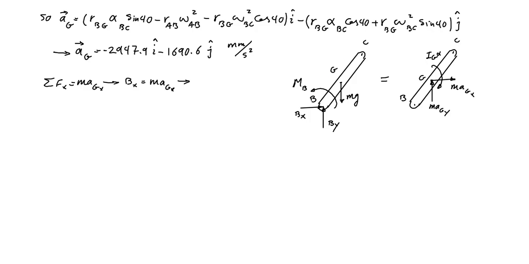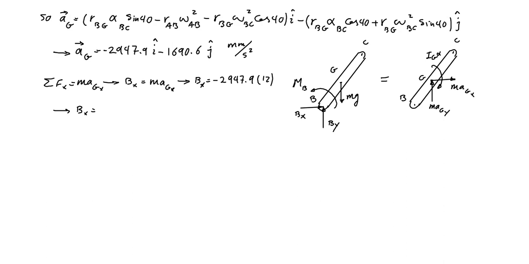So B x is equal to minus 2,947.9 times 12, which gives me the value for B x.